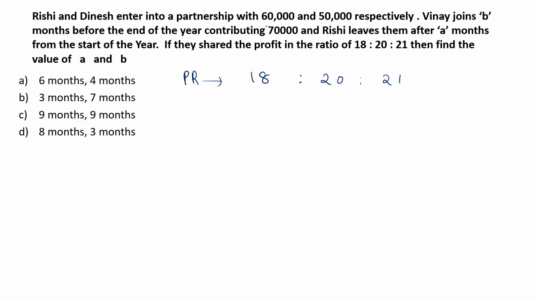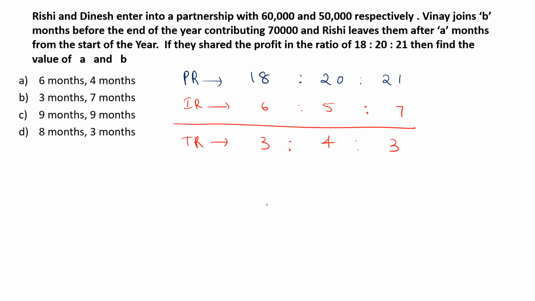Just take the simplified investment ratio as 6, 5 and 7. Divide the profit ratio by the investment ratio, then you get the time ratio: 3 by 1 is 3, 4 by 1 is 4, 3 by 1 is 3.